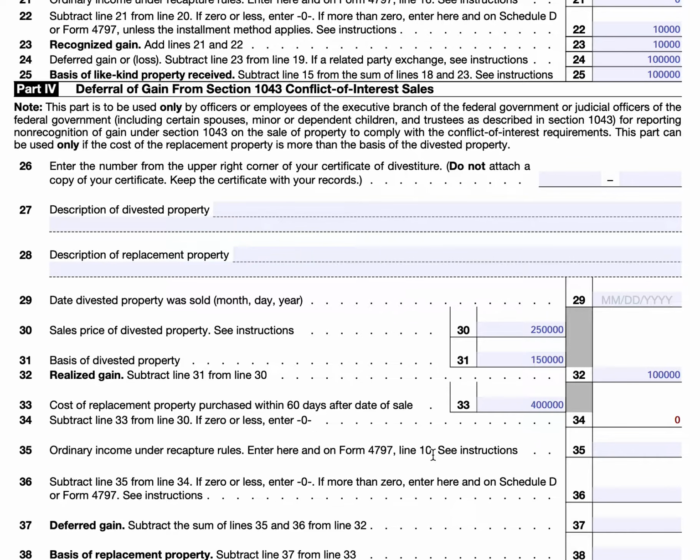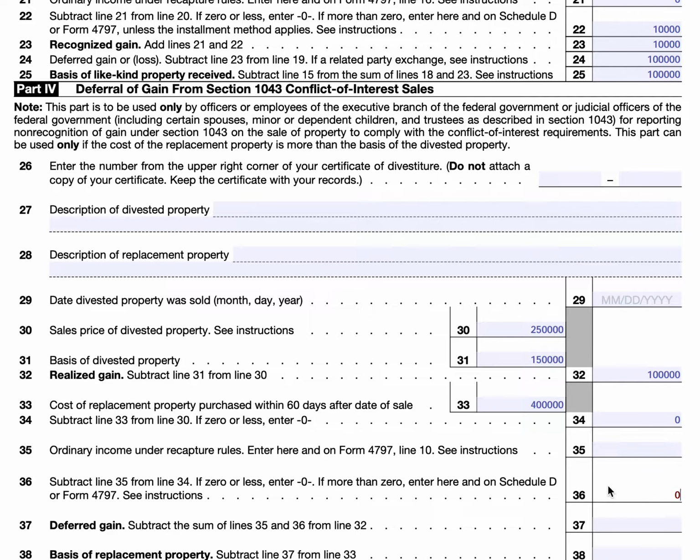The IRS form instructions contain additional information for that. And then you would subtract your ordinary income from line 34. In this case, it would be 0 or less. If it's more than 0, that means you have a gain of some sort. So you may have to enter it on IRS Form 4797. If it's a capital gain, you would enter it on Schedule D of your income tax return.